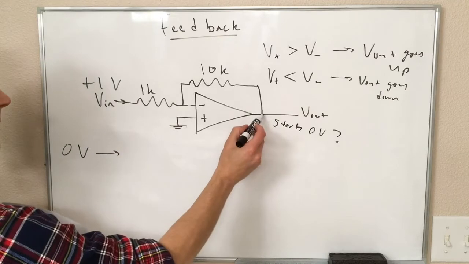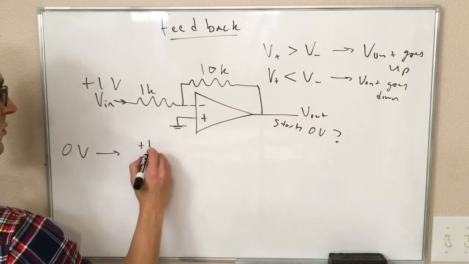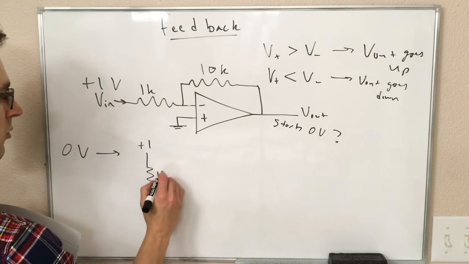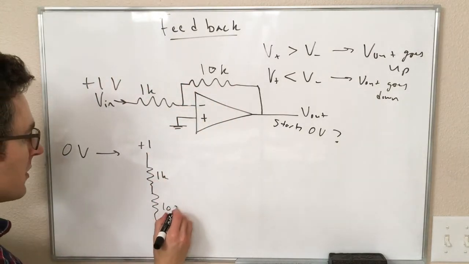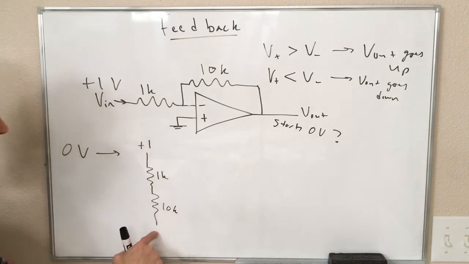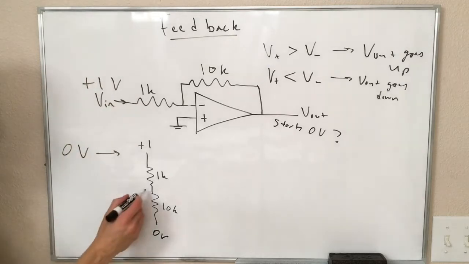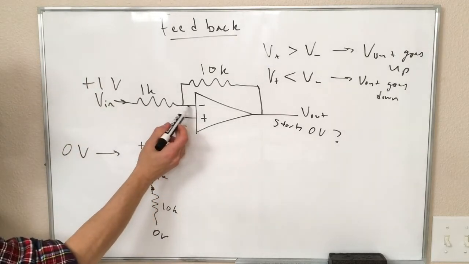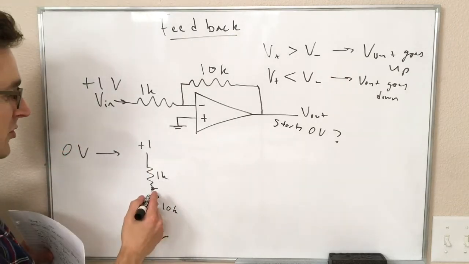that means that our resistor circuit here looks like this. We have plus 1 volt, we have 1 kilo ohm. I'm turning this on its side. We have 10 kilo ohm, and we have at this end 0 volts. Now, this point in between is connected to the inverting input. So this is important for 2 reasons.